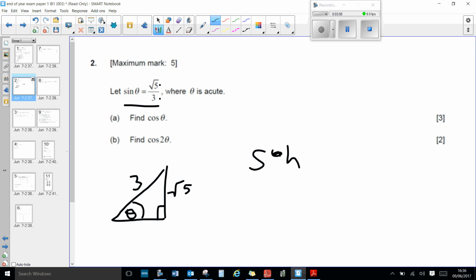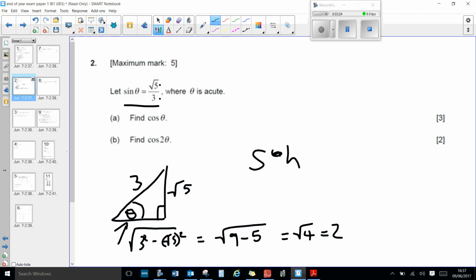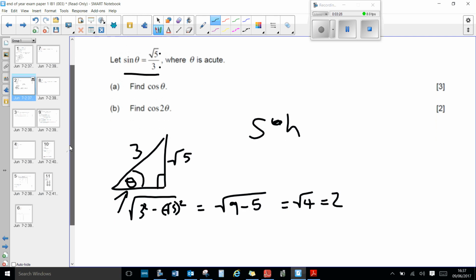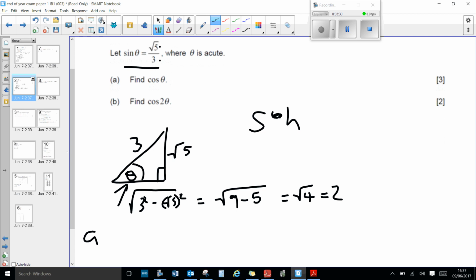We then work out this value here using Pythagoras' theorem. So it's the square root of 3 squared minus root 5 squared, which is 9 minus 5, which is root 4, which is 2. Obviously, we can ignore the negative value. It's just straightforward 2.